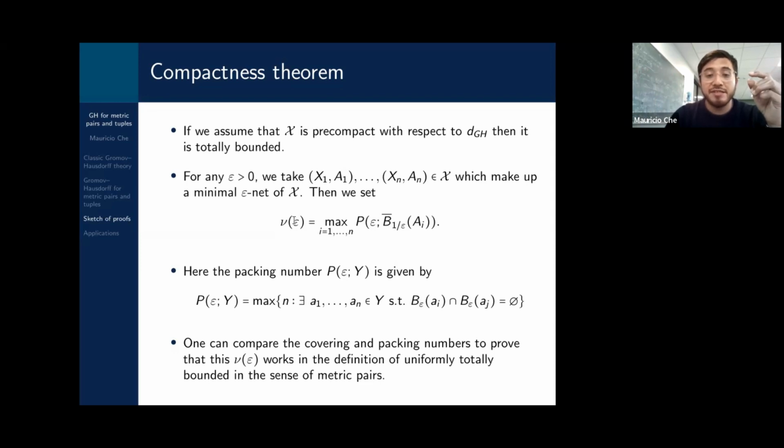That is, this nu epsilon is an upper bound for the covering numbers of these kind of things, which is precisely what it means to be uniformly totally bounded.